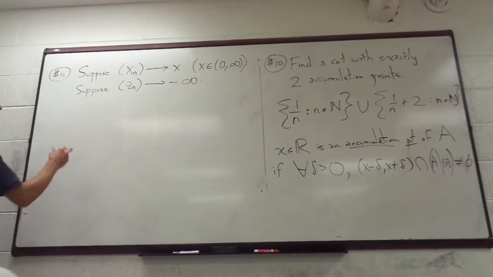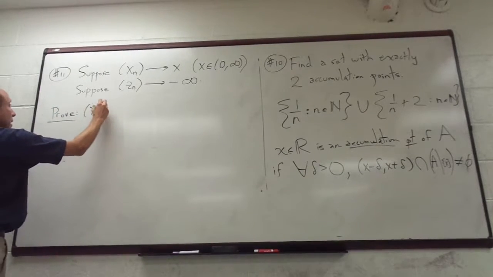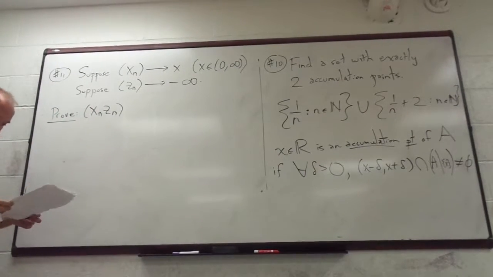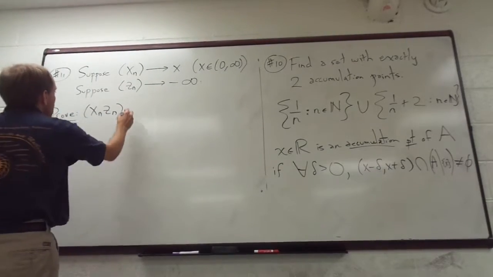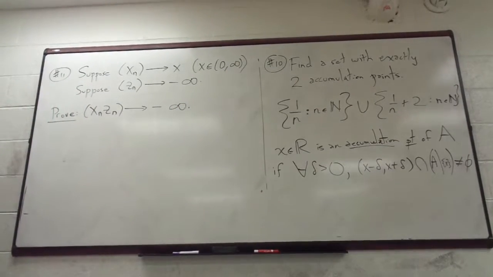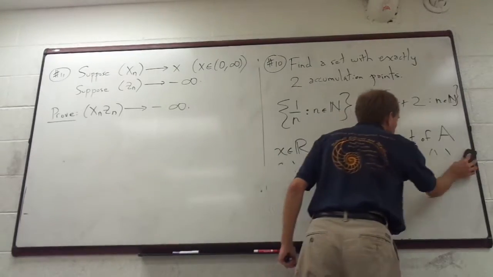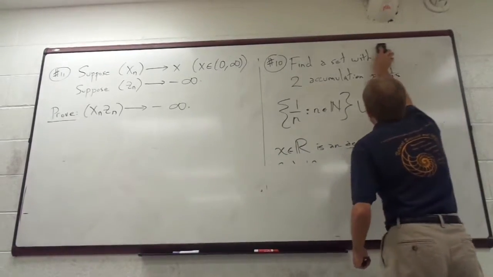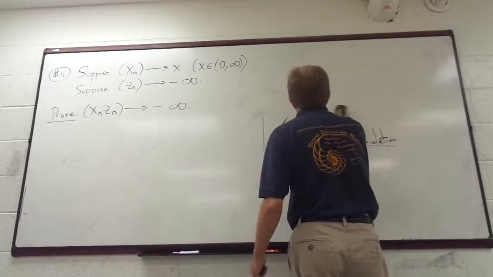Then I want to prove that xn times zn, the product of these two sequences, converges to minus infinity. I'm using negative infinity on this one. Practice with negative infinity. Let's see if we can get anything out of this.